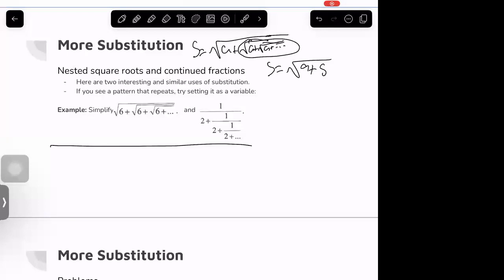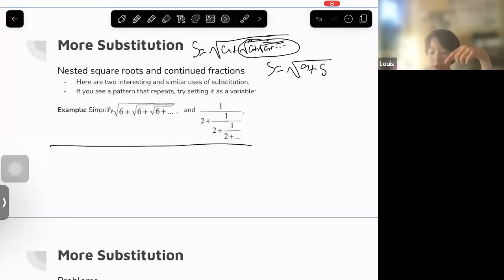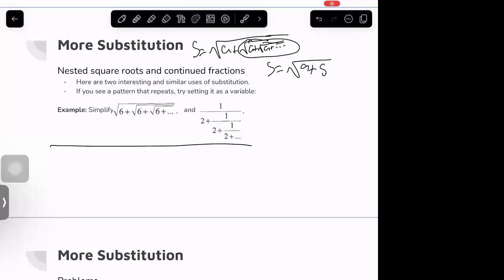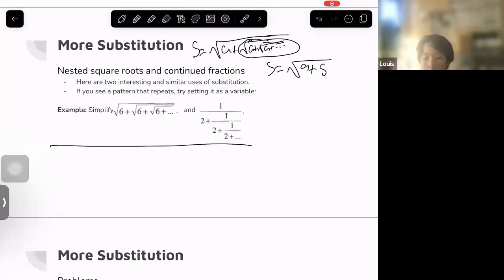Wait, what does S equal again? S is just a sum. No, but like, what's behind it? What do you mean, what's behind it?